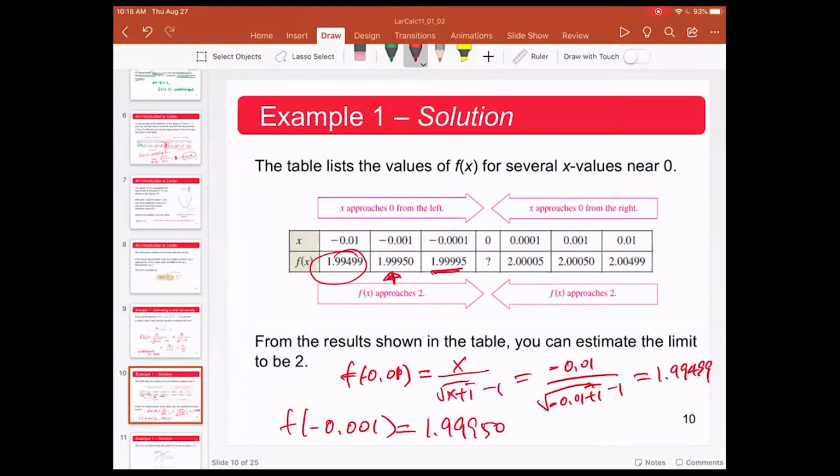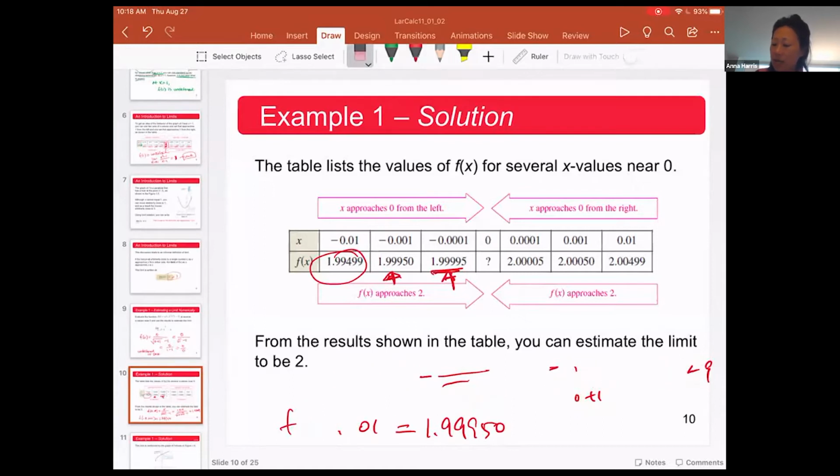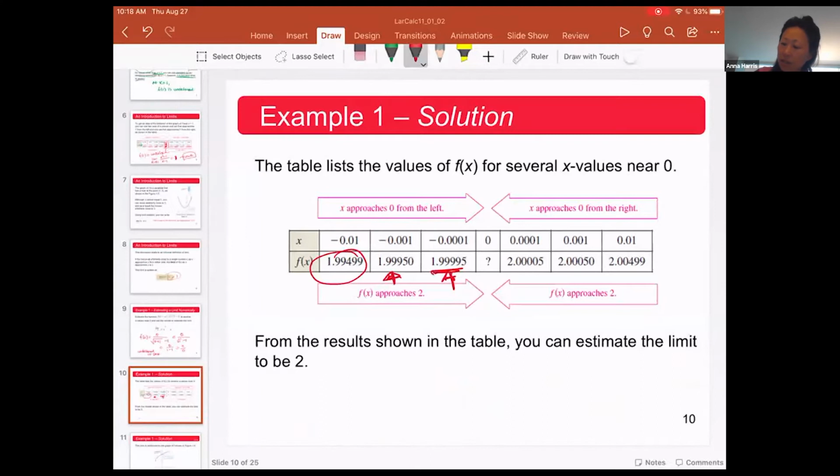That's exactly right. Can somebody tell me what this means over here? Okay, you want me to just call your name? What does this mean over here? If I plug in x equal to negative 0.0001, what does it give you?